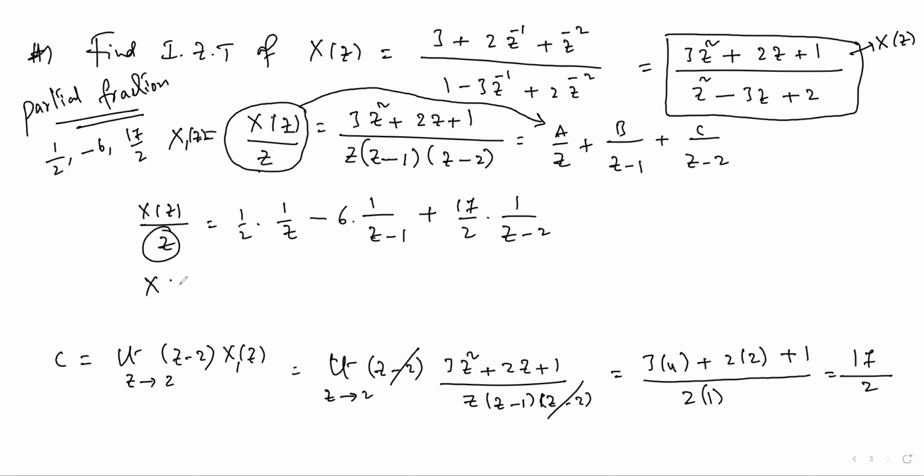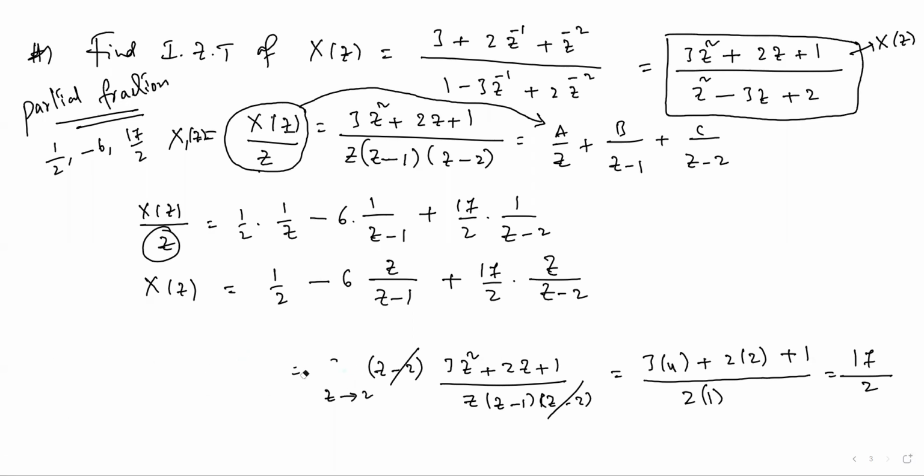Then what is X of z? This is 1 by 2, z cancels, minus 6 z upon z minus 1 plus 17 by 2 z upon z minus 2. Now apply the inverse Z transform. Individual terms we have. You can find the inverse Z transform easily.